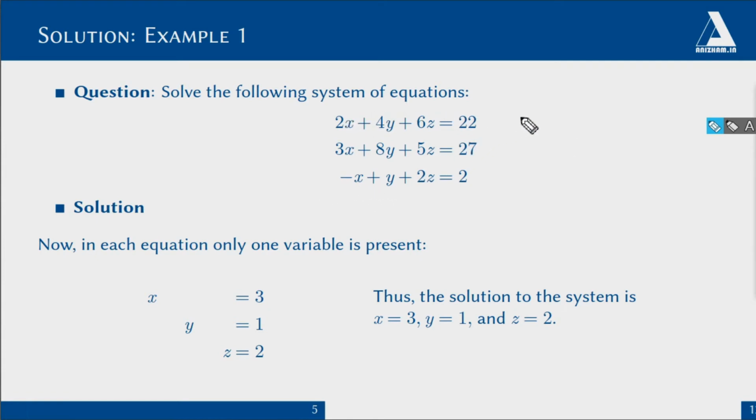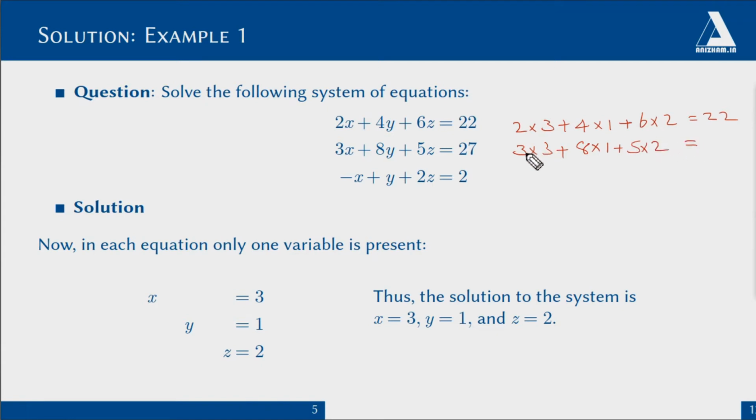So it is 2 times 3 plus 4 times 1 plus 6 times 2. This is equal to 2 into 3 is 6, 6 plus 4 is 10, 10 plus 12 it is 22. So that means it satisfies. The next equation, 3 times 3 plus 8 times 1 plus 5 times 2.